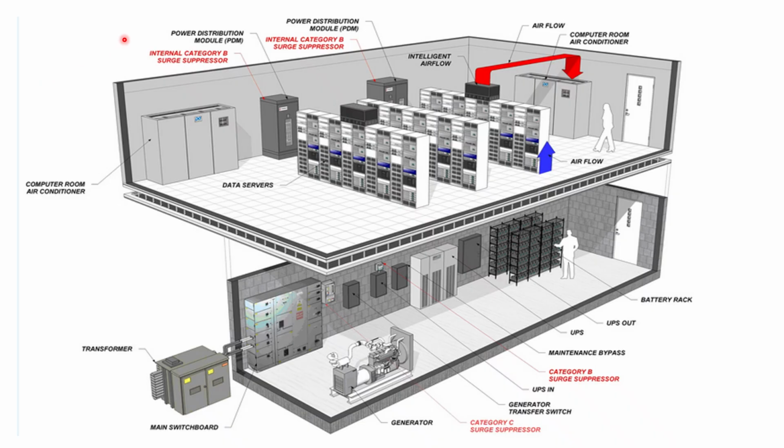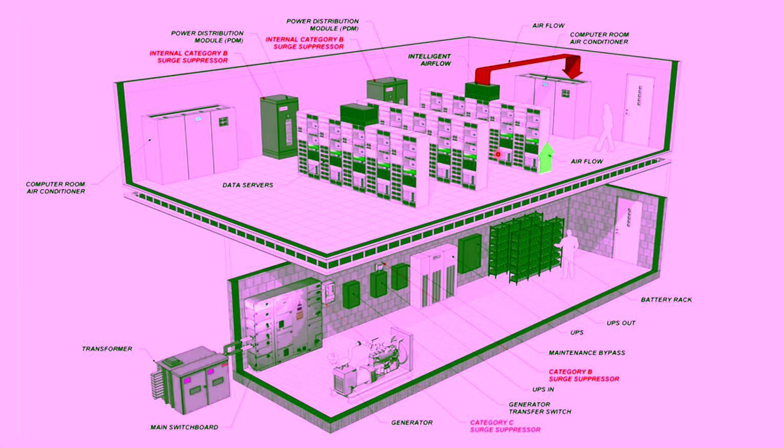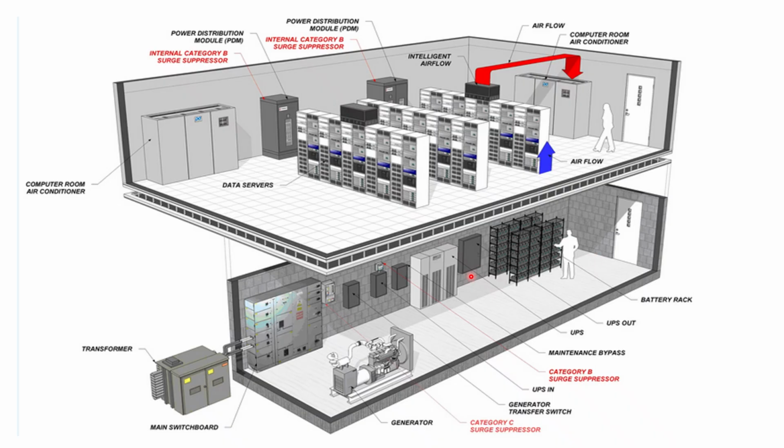Say, a data center has data center servers. These are the servers, and the electric supply may be a floor above or side by side on the same floor. Here you have a main switch panel.